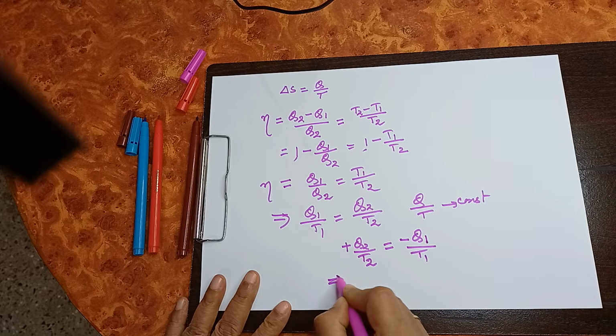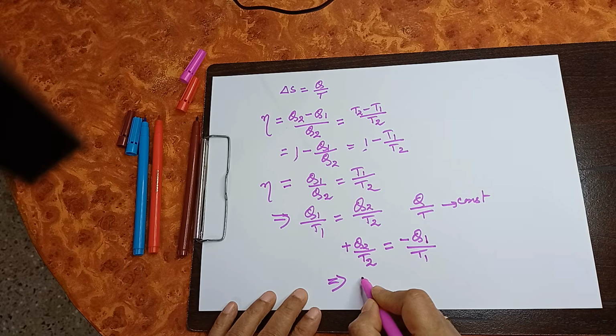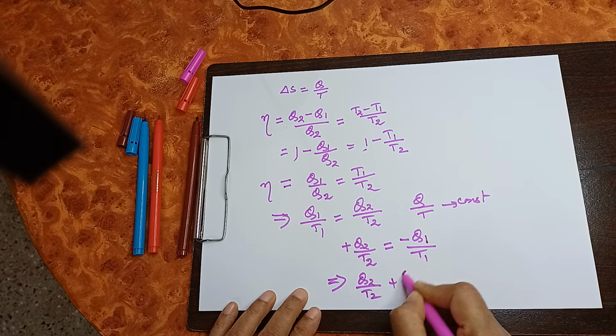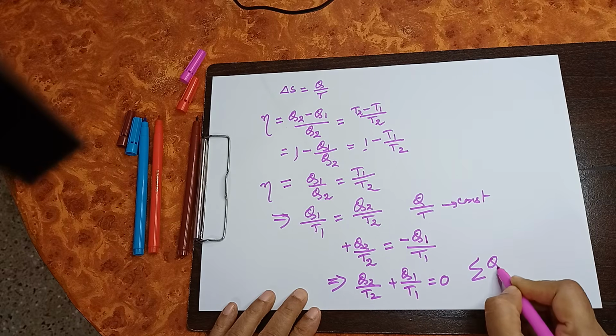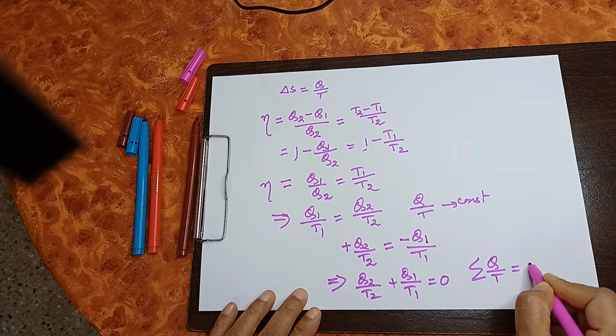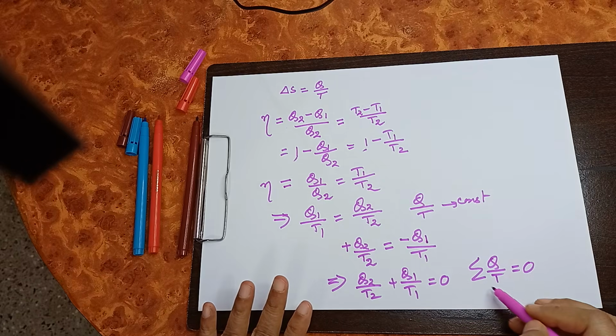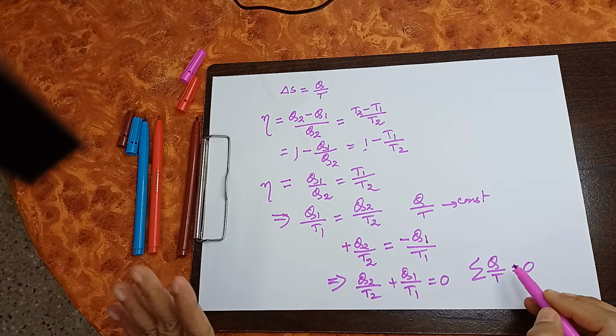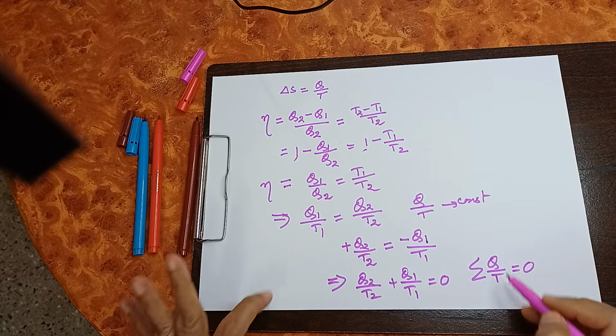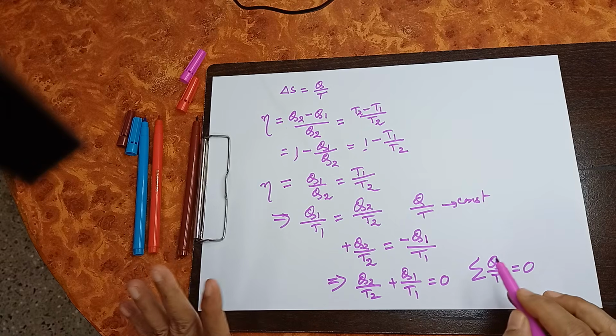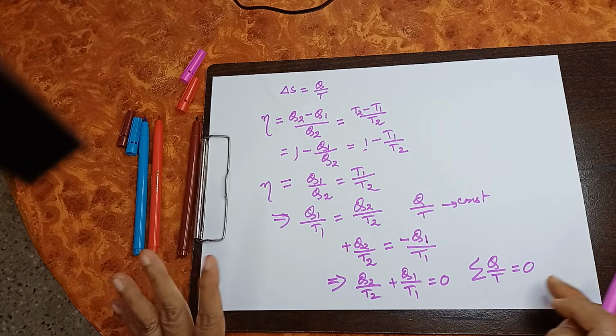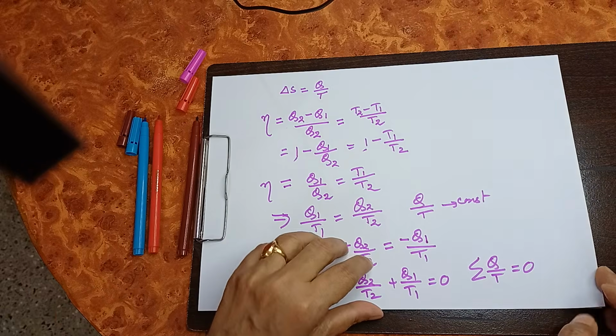So we can write Q2 by T2 plus Q1 by T1 is equal to 0, or the summation of Q by T is equal to 0. That is, the summation of all heat exchanges divided by temperature for a Carnot cycle is 0.